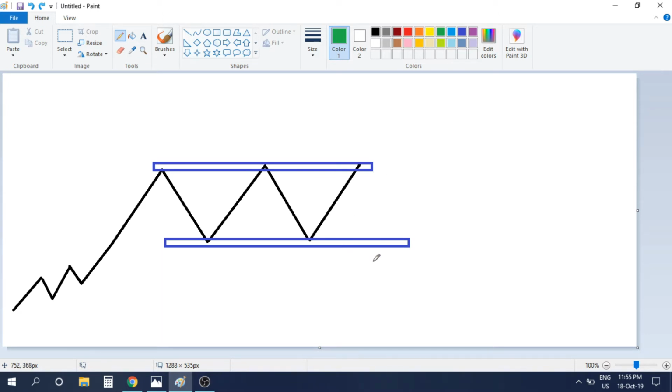But you must have noticed that we don't really trade support and resistances in our price action method; we trade zones called demand zones and supply zones. So you can look for good supply zones in the upper part of the range, and good demand zones at the lower part of the range, and trade them.